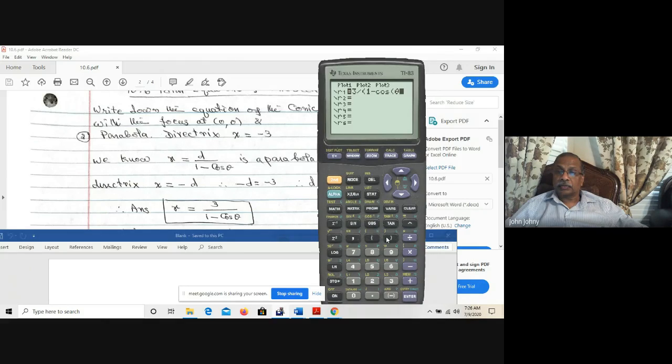Your calculator must be in radian mode, otherwise you may not get the correct solution. Okay, so here it is. That is a parabola. It is concave to the right, the axis is the x-axis, the focus is the origin, and you can calculate the vertex by using the formula.